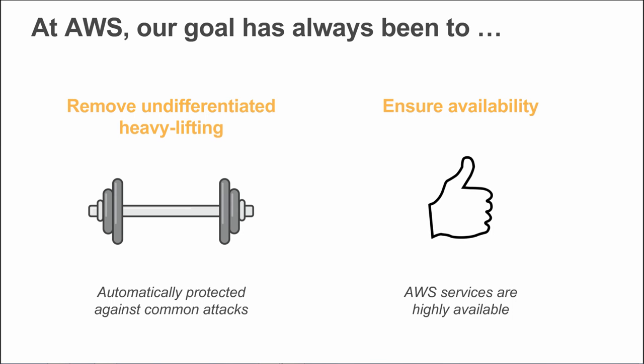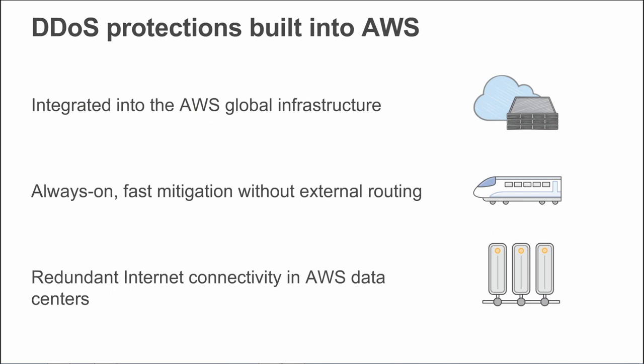And we wanted to take that burden off those customers and do it for them. And that's why DDoS protections on AWS have always been built into the AWS global infrastructure. What this means is that DDoS protections are transparent to AWS and to AWS services. So if you are using AWS services today to run your web applications, you're already getting some of these DDoS protections, or you always got these DDoS protections.